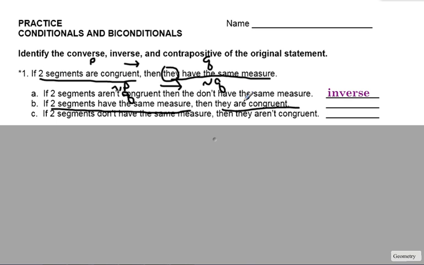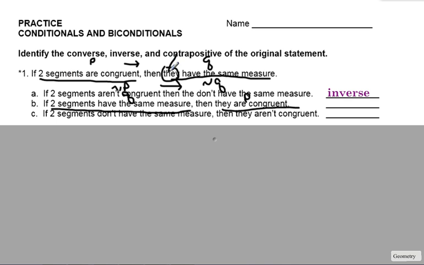Two segments that are congruent is dealing with our P, our hypothesis now. And remember what I said, just because it says two segments doesn't mean that two segments is our hypothesis. The thought of them being congruent is our hypothesis, not the two segments.